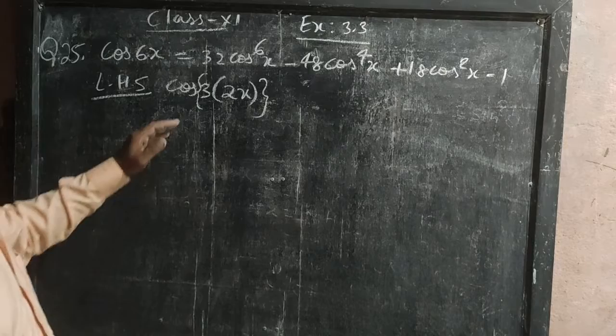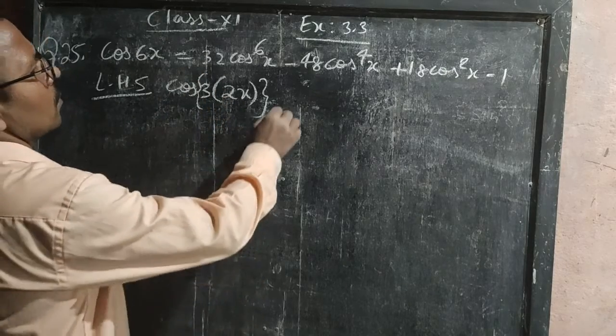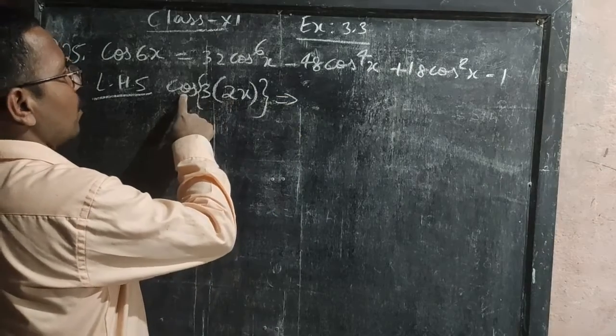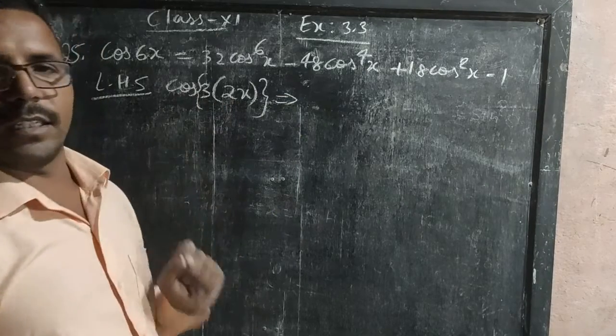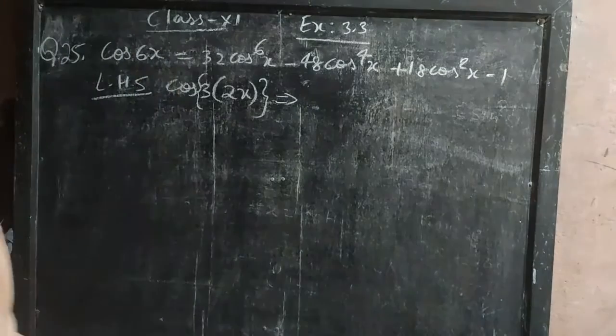So I am taking 3 theta here because it can become 4. So what will we get here? Cos 3 theta. The cos 3 theta identity is 4 cos cube theta minus 3 cos theta.